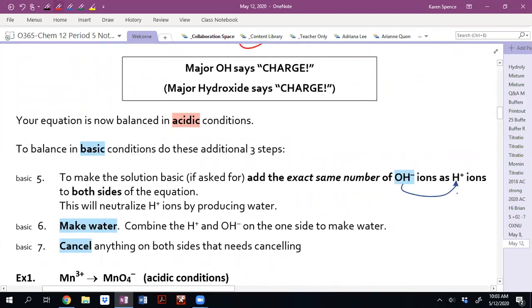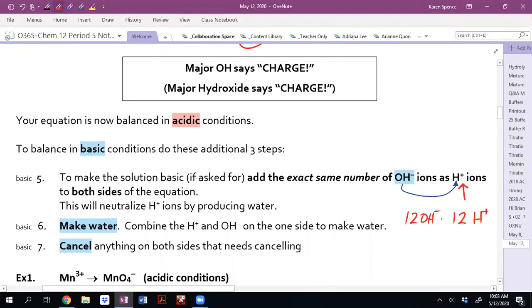Whatever side the hydrogen is on, we're going to look and say, how many hydrogen do I have? If I have 12 hydrogen, I'm going to need to neutralize 12 hydrogen with 12 hydroxide, 1-to-1, right?